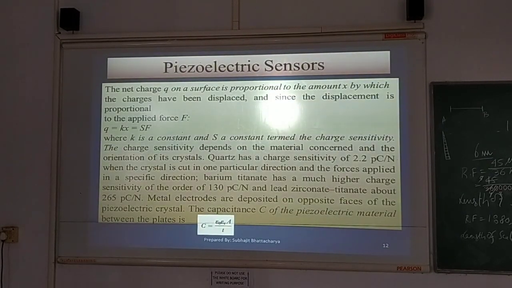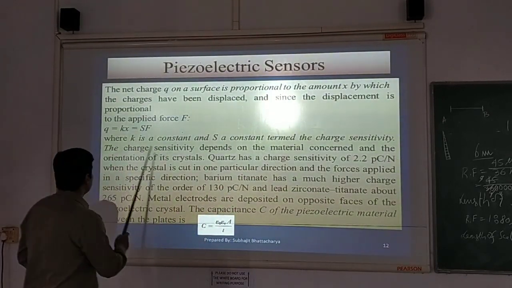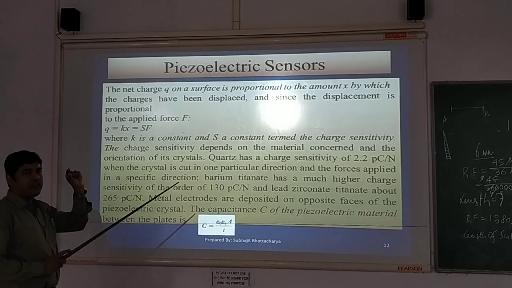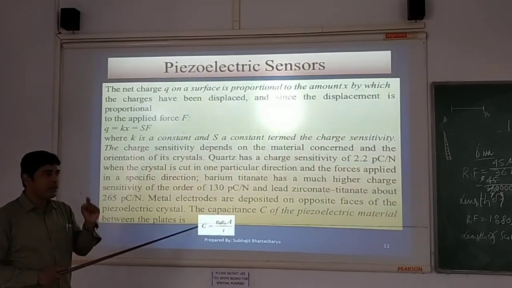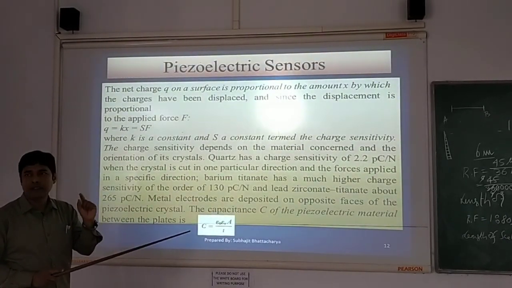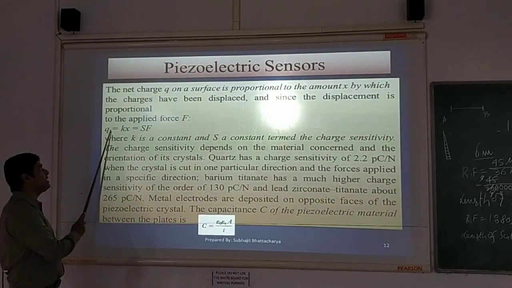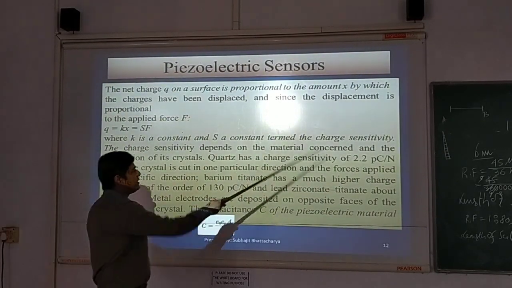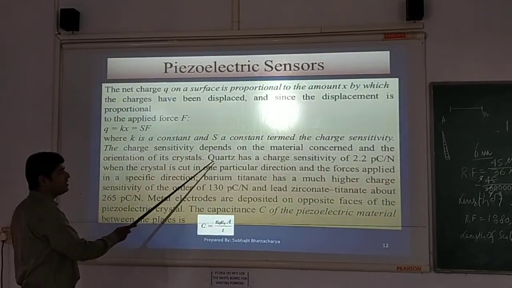Quartz is one substance which is naturally occurring. We can say that Q is proportional to x, the amount of elongation or compression, that is, the amount of change in length, and x is proportional to F, so Q is proportional to F, and this S becomes a constant, termed the charge sensitivity. So the naturally occurring crystal which shows piezoelectricity is quartz.